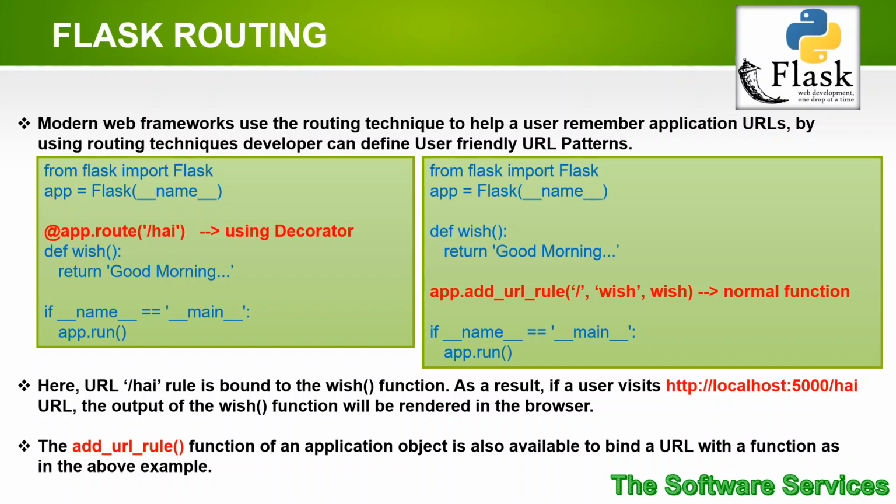So that function will execute and the output of that function will be rendered to the browser. Okay, this is the bottom line of routing, right? Routing, mapping, or binding, all these are synonymous. We can use them interchangeably, right? All those three terms mean the same.